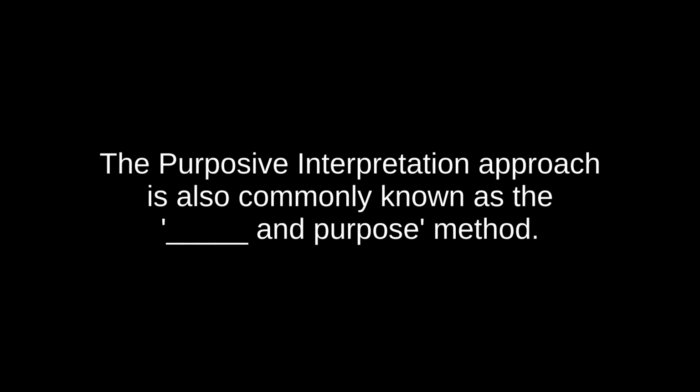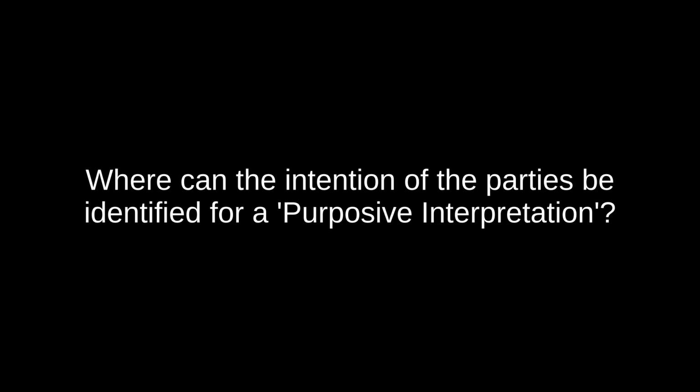The purposive interpretation approach is also commonly known as the objects and purpose method. Where can the intention of the parties be identified for a purposive interpretation? In the preamble of the treaty, its protocol, and the technical memorandum.